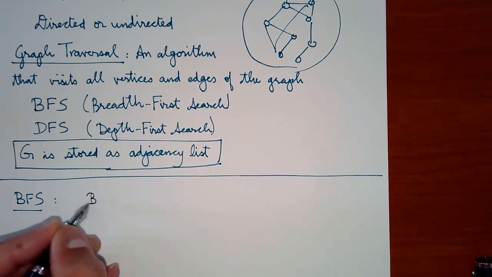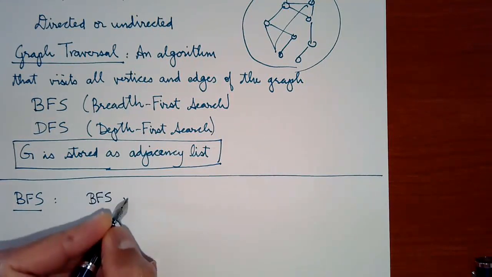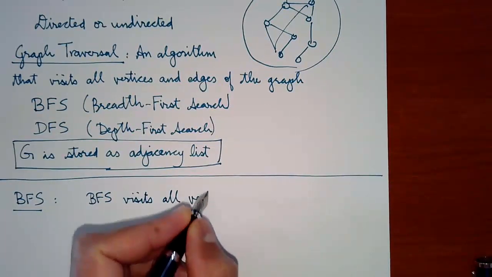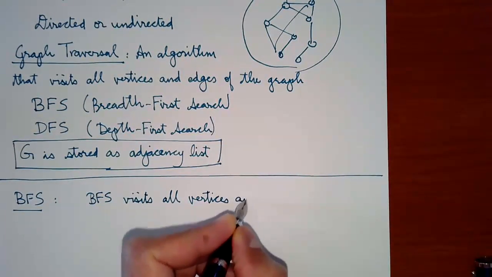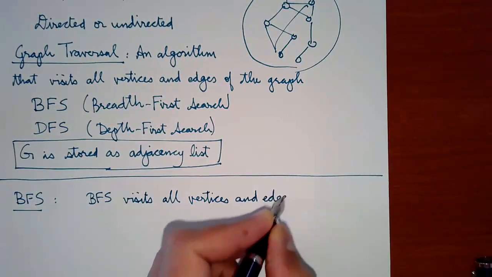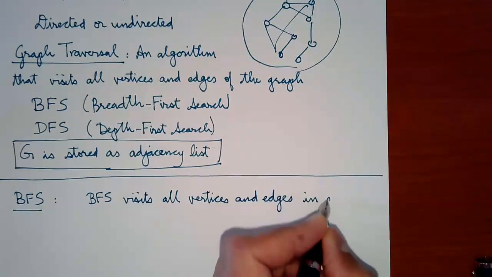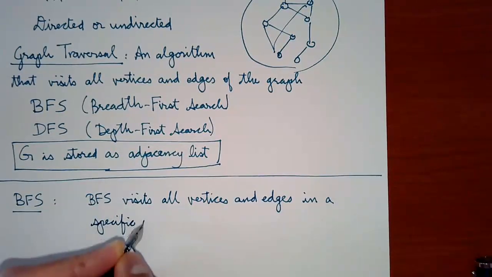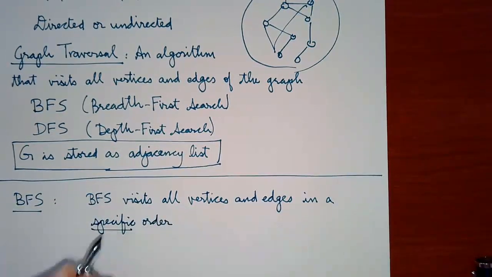BFS visits all vertices and edges in a specific order. And indeed, it is that specific order that defines a graph traversal. So BFS and DFS essentially use different orderings to visit.